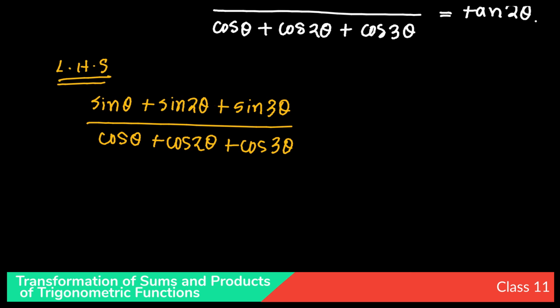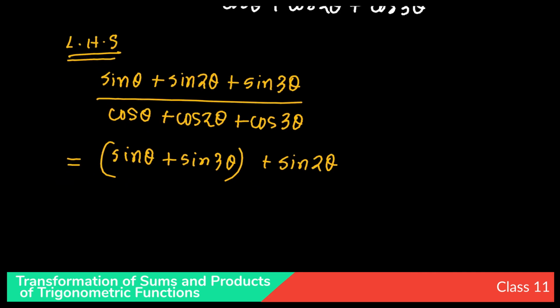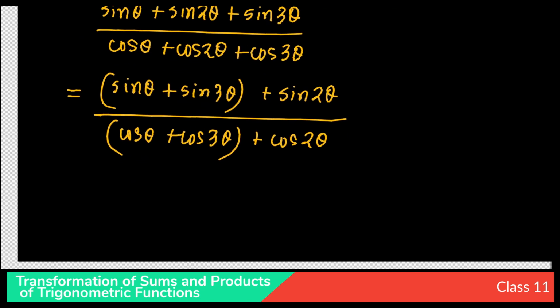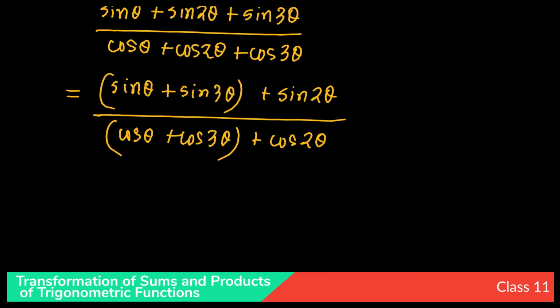Okay, so we will do sine theta plus sine 3 theta, and we will separate the sine 2 theta, by cos theta plus cos 3 theta plus cos 2 theta. Now, if I consider theta as C and 3 theta as D, it is sine C plus sine D. So what is the formula?